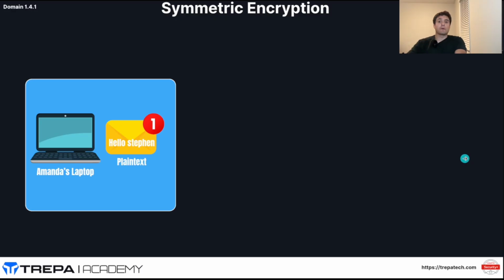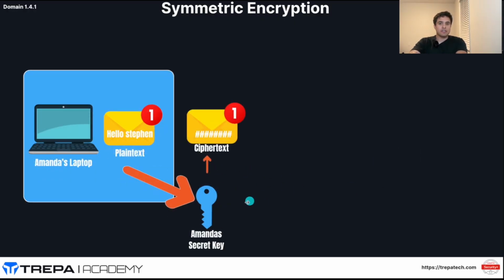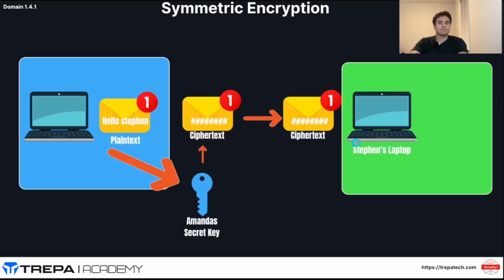Okay, so how does it work? With symmetric encryption, we have our sender here. Amanda wants to talk to Steven. That's going to be our destination or our receiver. She has a plain text message. She's going to use a symmetric encryption algorithm like AES, and she's going to have a shared secret key. She's going to use that shared secret key and that AES symmetric encryption algorithm, and I'm just saying AES as an example, to encrypt that data and change it into ciphertext.